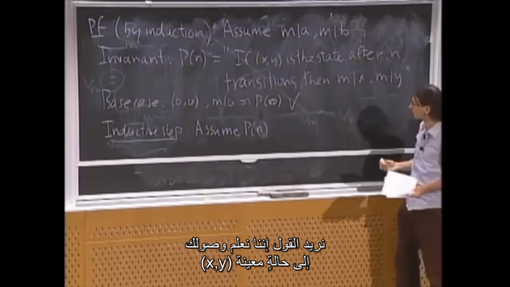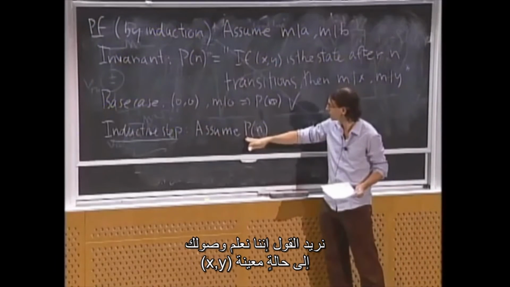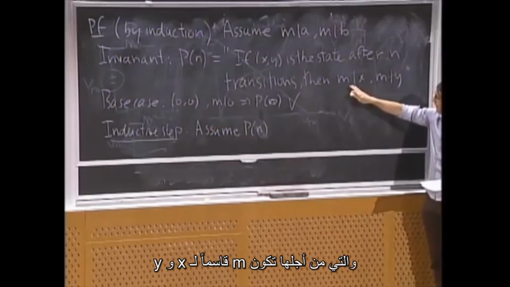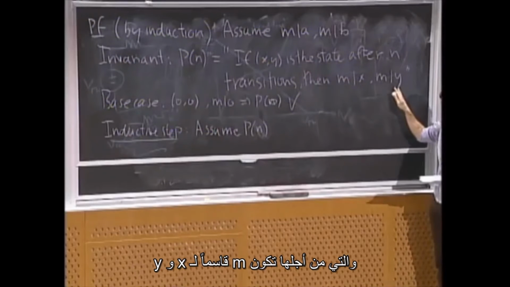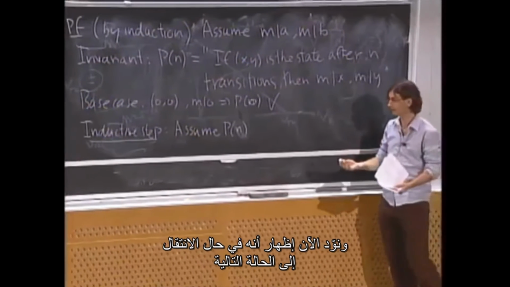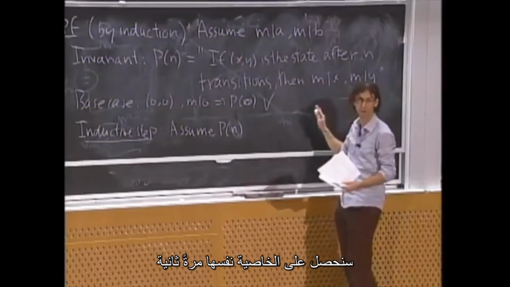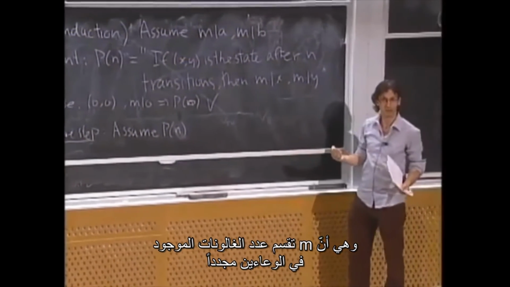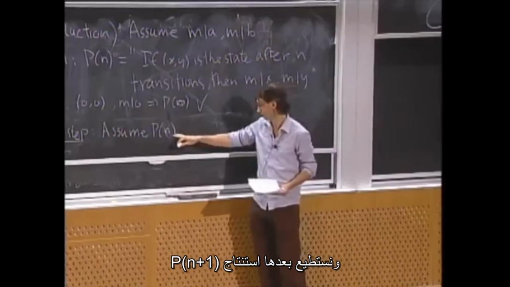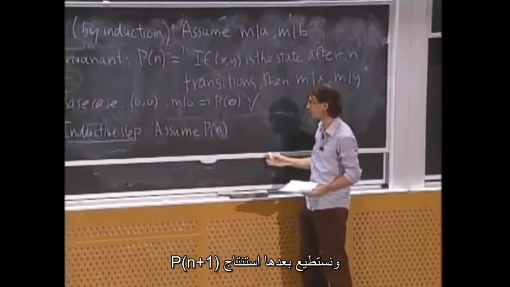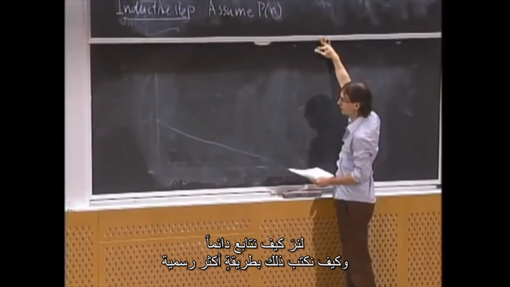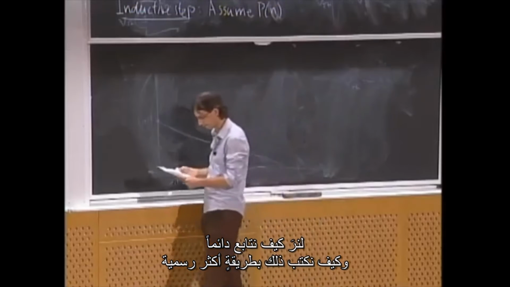We want to say, well, we know that we reached a certain state x, y, for which m divides x and m divides y. Now we would like to show that if we transition to the next state, we again have that same property, that m divides the number of gallons in both jugs once more. And then we can conclude P of n plus 1. So that's how we always proceed. So let's see whether we can write it out in a bit more formal way.